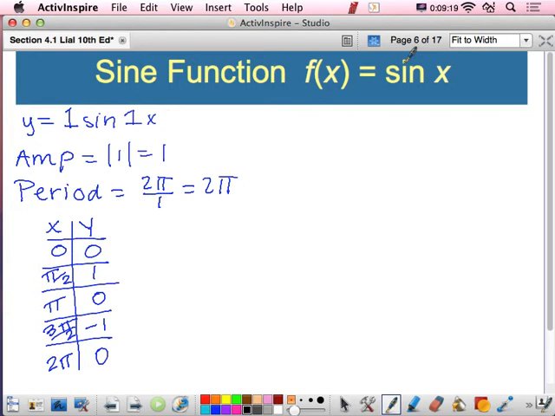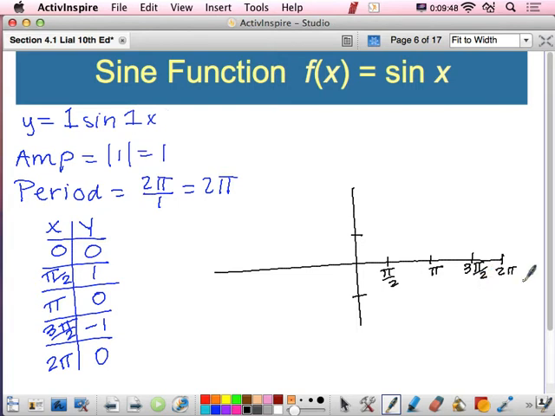Okay, so here's what our graph is going to look like. Here's our x-axis, and here's our y-axis. And our y-axis doesn't need to be very tall, because what's the highest number I'm going to? 1 and -1. So here's 1, here's -1. And then I need to build a scale on my x-axis. So if I'm going to go from 0 to 2 pi to get 1 period, then I'll let this be 2 pi, this be pi, half pi, and 3 pi over 2.